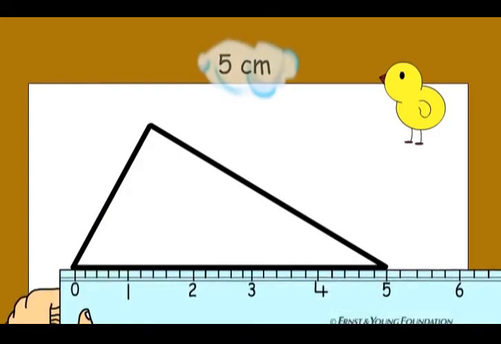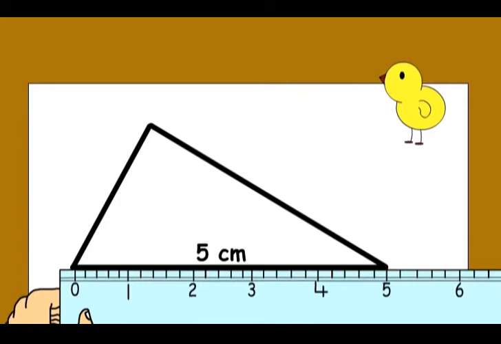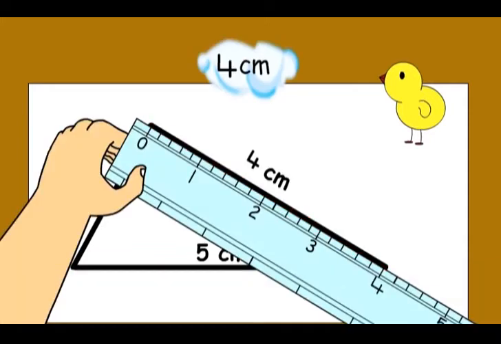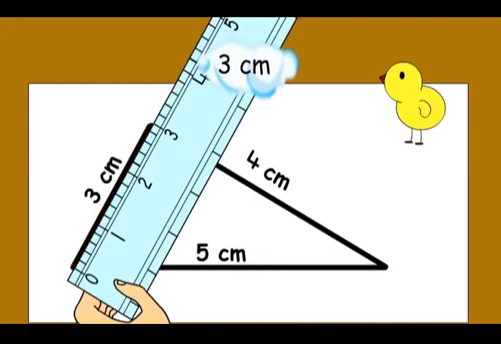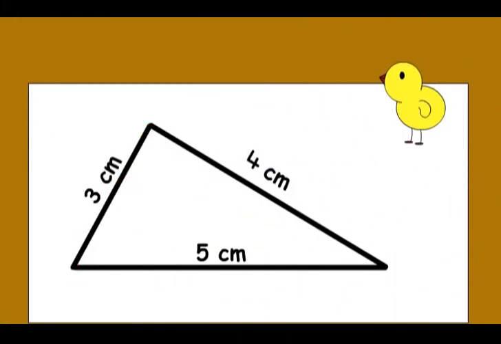This side is 5 centimeters, 4 centimeters, and 3 centimeters. Can you tell me the length of the boundary of this set square?